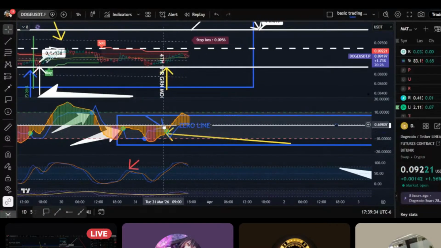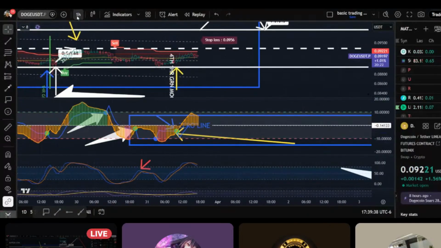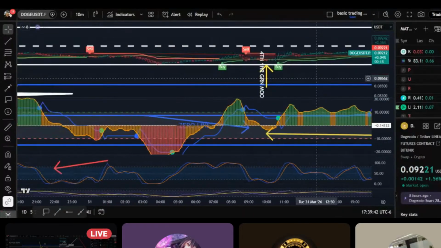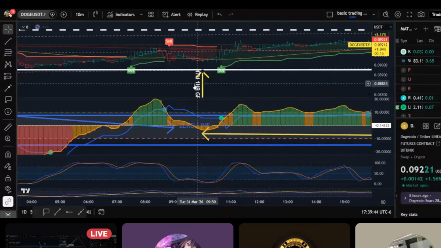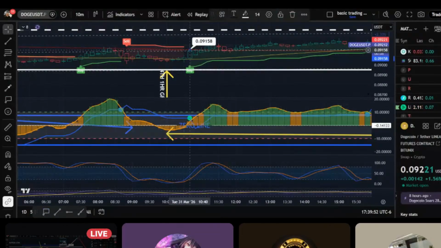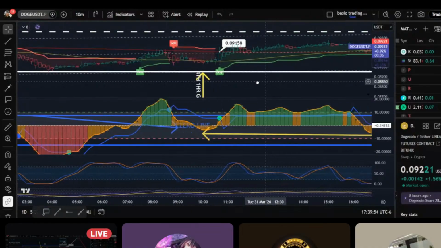This is where, if you're taking this entry here, let's see how this plays out. We go to the 10-minute. Okay, this is the 4 hour moon, which means that you would enter on the next green moon, which is here. That would be your entry point there, right?